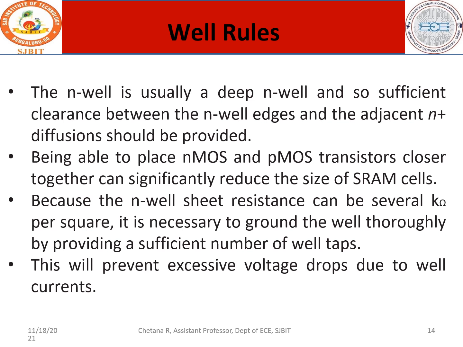Now we will have a discussion on well rules. The well has to be quite deep enough so that it is clear, and the end well edges as well as the end diffusions dimensions should also be provided.